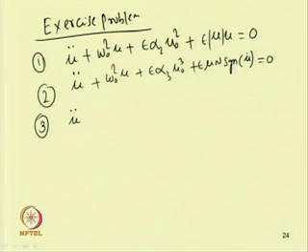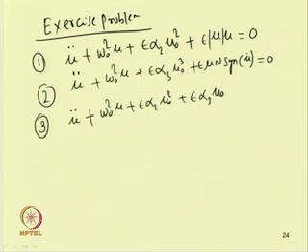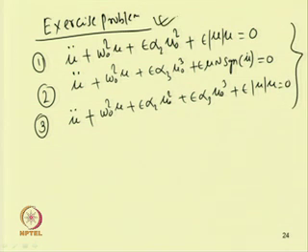One can take one more example also, with omega 0 square u taking both epsilon alpha 2 u 0 square plus epsilon alpha 3 u 0 cube plus epsilon u dot equal to 0. These are the exercise problems to solve these non-conservative systems.